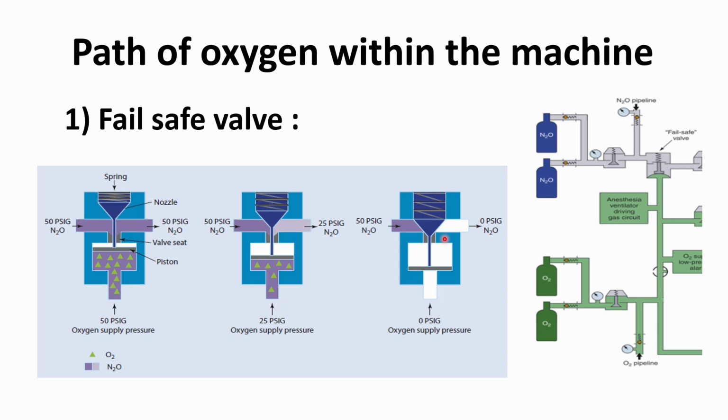I know that there is no oxygen, but at the same time, there is no hypoxic gas delivered to the patient. So it will allow the patient to wake up safely, detect the problem early, and avoid intraoperative hypoxia. This is the first pathway, which is the fail-safe valve.